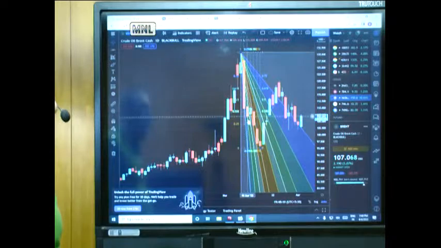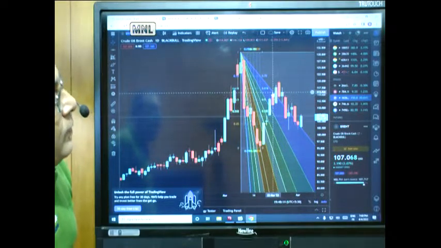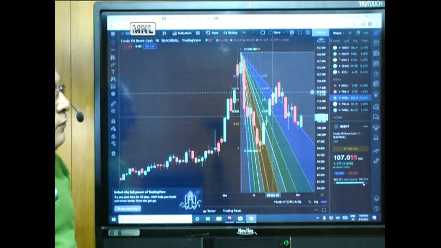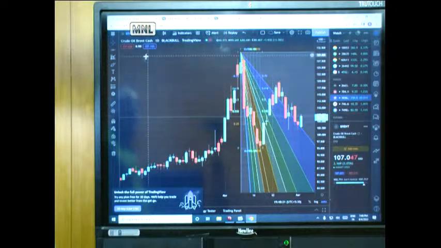See, from this top to bottom, it has broken the resistance here. So this level has been broken. Once that level is broken, we should be looking towards more of a support level at the bottom. Okay, so let's look at the support now.